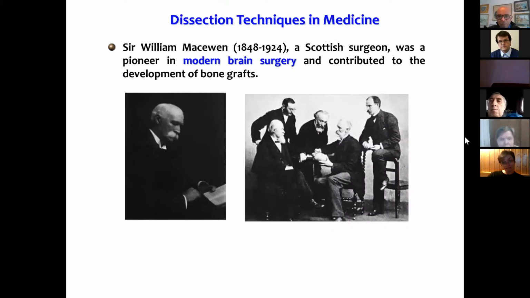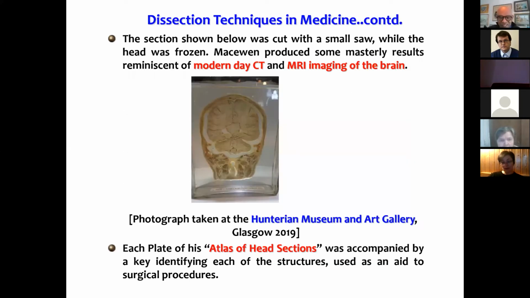The problem was recognized in the middle of the 19th century by a Scottish surgeon who was doing brain surgery, and they didn't have access to CT scans and other things. So what they had to do was basically dissect the brain of a corpse or cadaver, for example.